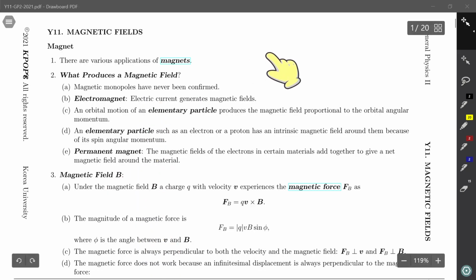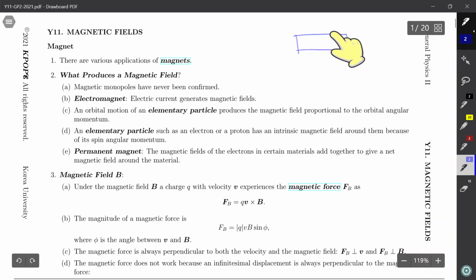Today we study magnetic fields. You are very well acquainted with magnets and what produces a magnetic field. A magnet consists of two poles, north pole and south pole.